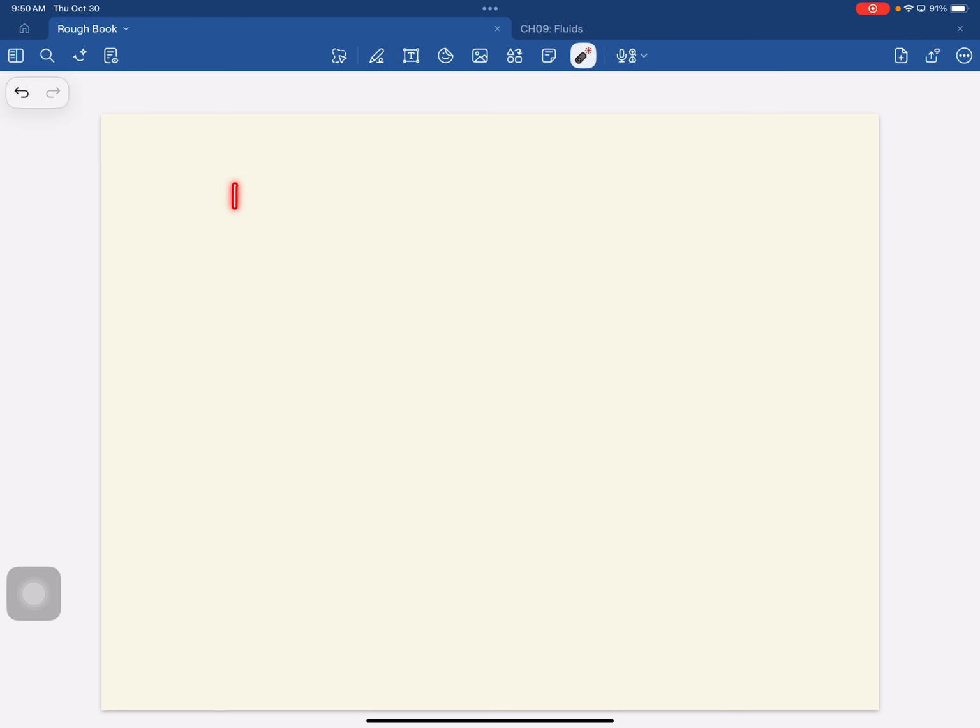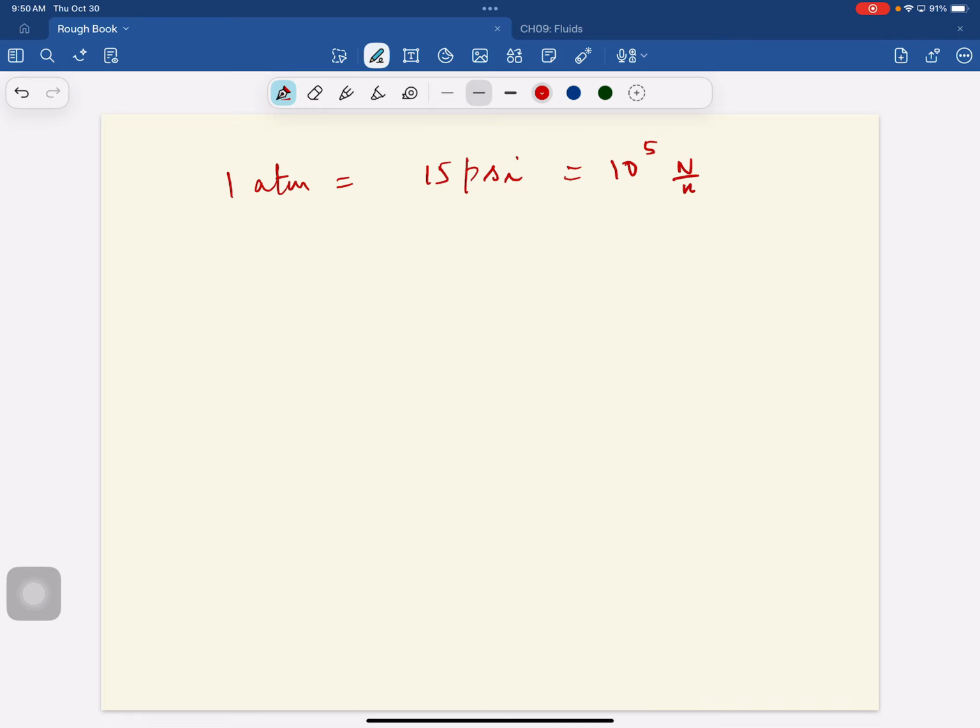No, that's the density of air. The pressure, 1 atmosphere, after I tell you, you'll know it, is about 15 psi. In pascals, it's 10 to the power 5 pascals, Newton per meter square. And you might know this as 760 millimeters of mercury.